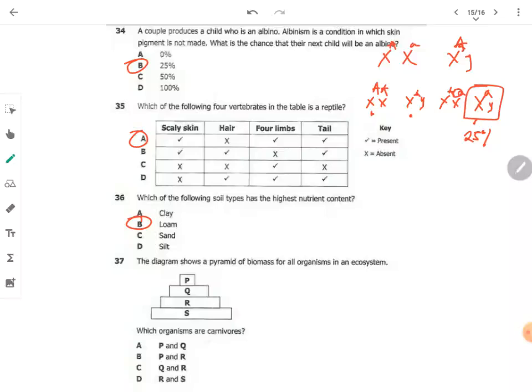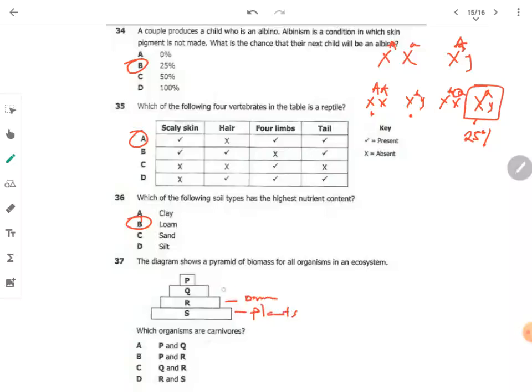The diagram shows a pyramid of biomass for all organisms in an ecosystem. Which organisms are carnivores? The carnivores are those that feed mainly on flesh. And here we have plants as the producers. From there we have omnivores, like humans.